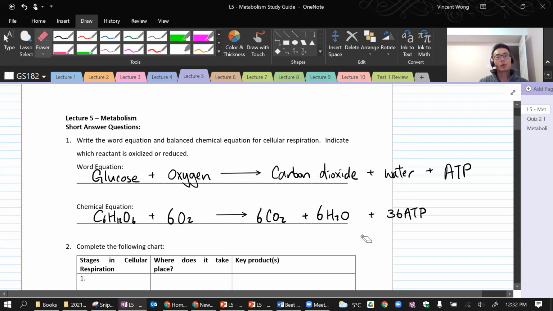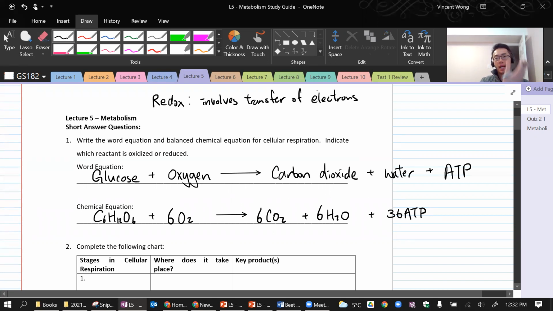Okay. So cellular respiration is actually a type of redox reaction. In a redox reaction, it involves a transfer of electrons.